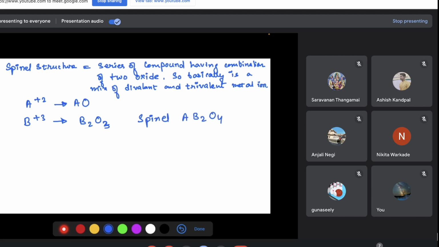Now there exist two types of spinel: one normal spinel and the other the inverse spinel.